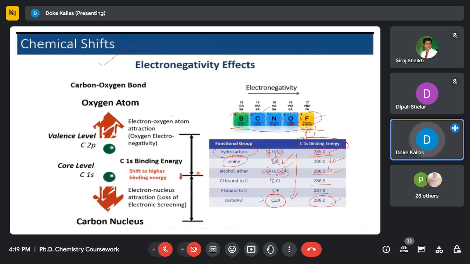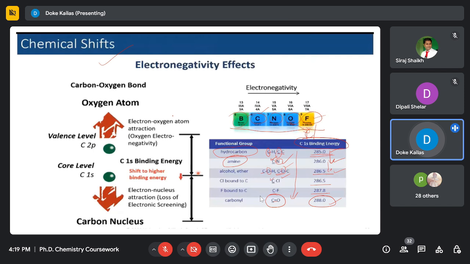This is more detail of the organic functional groups. Hydrocarbon, which I explained earlier, then carbon with amine nitrogen, alcoholic carbon or ether carbon, the binding energy increases, and for carbonyl it increases still further. For acid carbon, the functional group is different: carbon is attached on one side to a double bonded oxygen and on the other side to an oxygen, and the binding energy further increases.